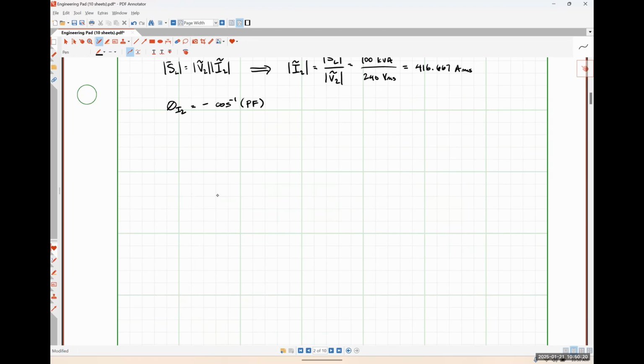So two different sides of the same coin, but regardless, that negative sign is necessary to make this work out correctly. So we're going to do the inverse cosine of 0.9, negative of that, and that's going to come out to be negative 25.842 degrees.